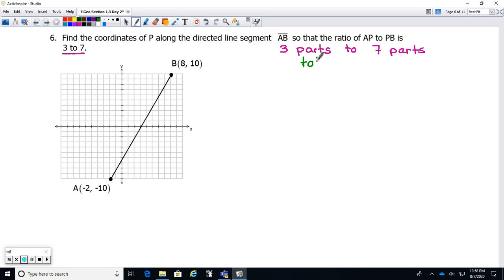So total parts equals 10, which is now going to tell me I need to do 3/10, because I want to go 3 of the total 10 parts for my fraction of the distance. So 3/10 of each distance.